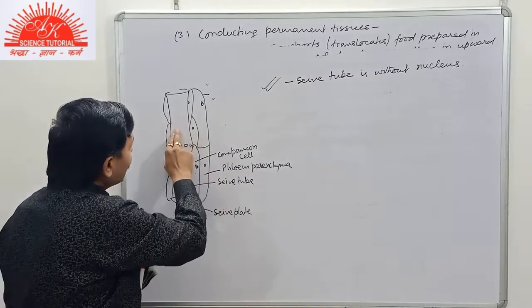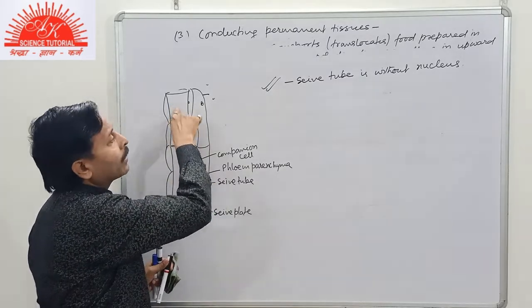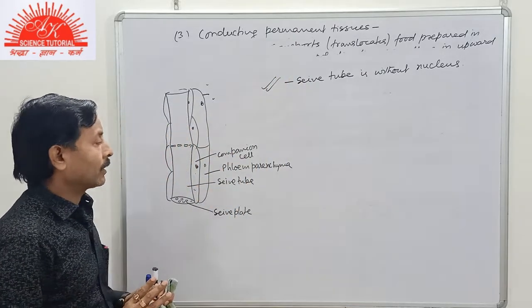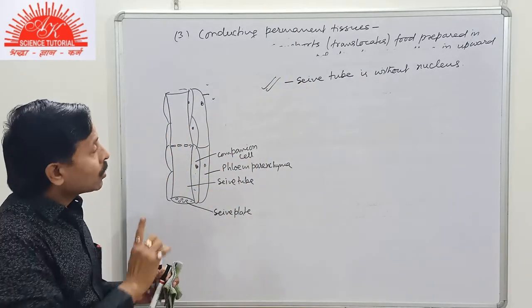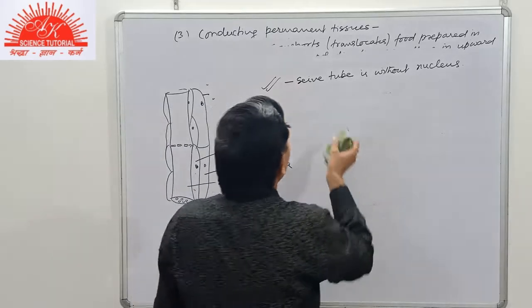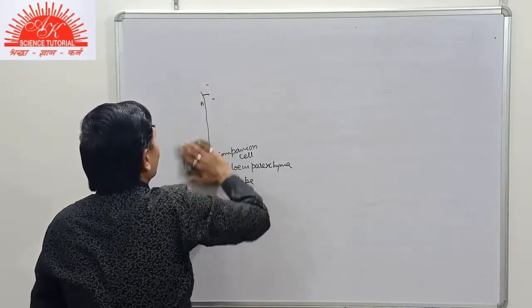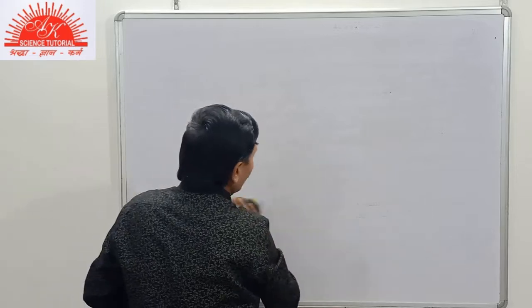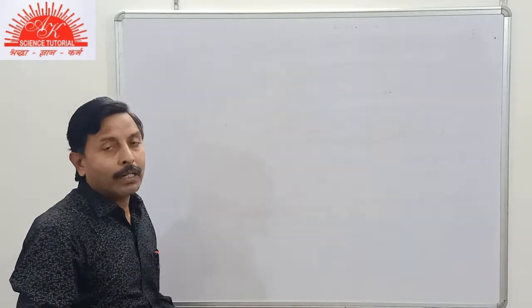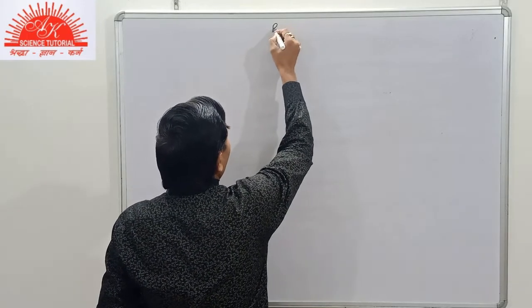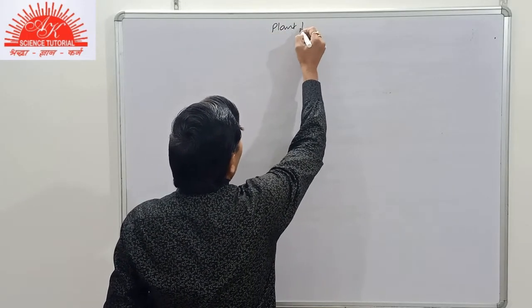Here they are living cells, but this tubular passage does not contain nucleus. So the question is asked like this. Clear, student? So these were the different conducting tissues, and we have studied that xylem and phloem together make the vascular bundle.